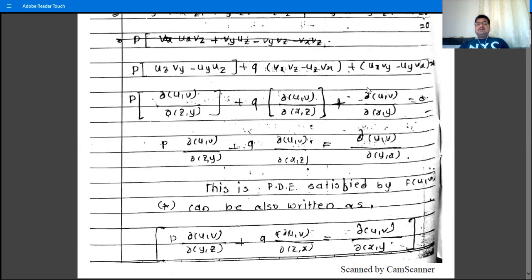Then shift this term to RHS. It becomes minus ∂(u,v)/∂(x,y), and accept that negative sign. Instead of xy, write yx. So as what we have, ∂(u,v)/∂(y,x) is minus ∂(u,v)/∂(x,y).